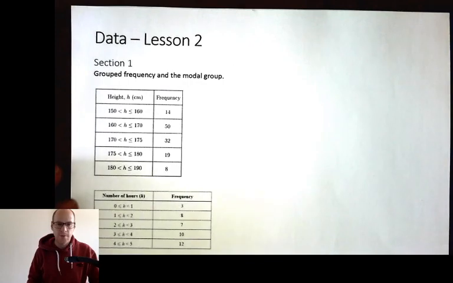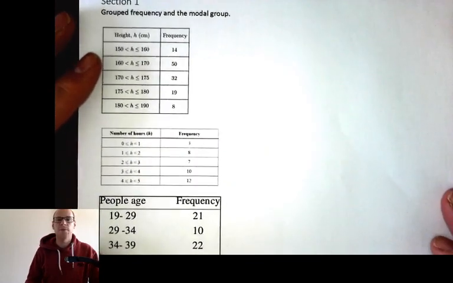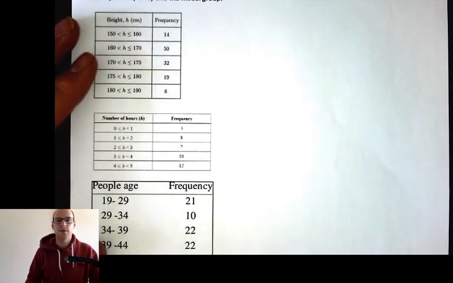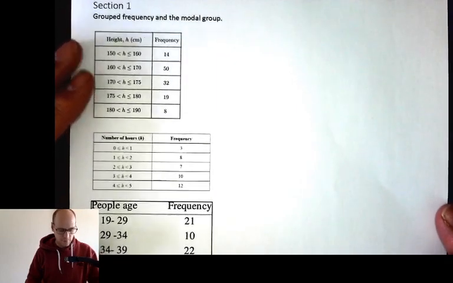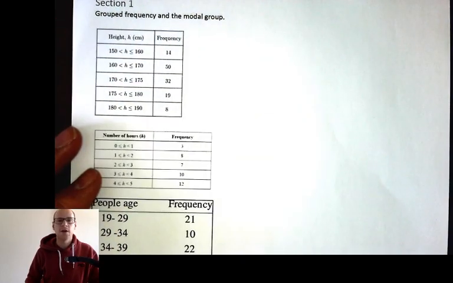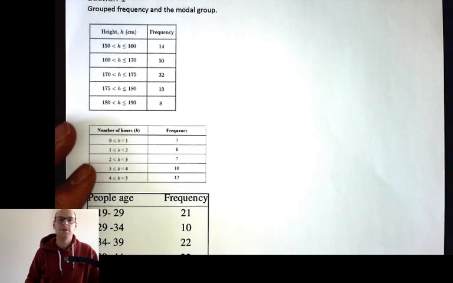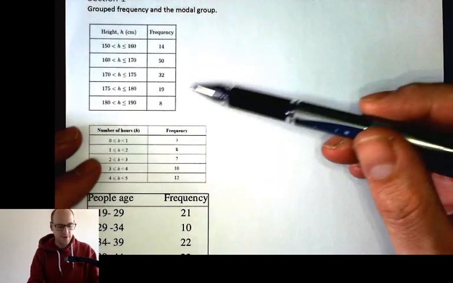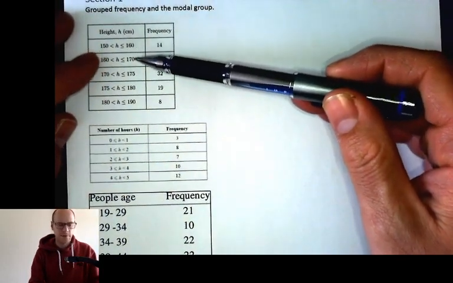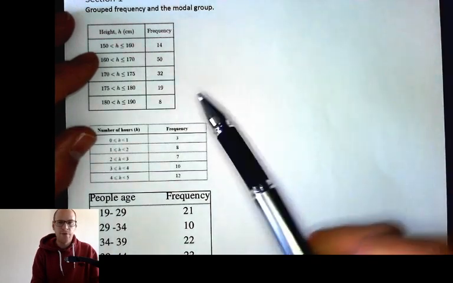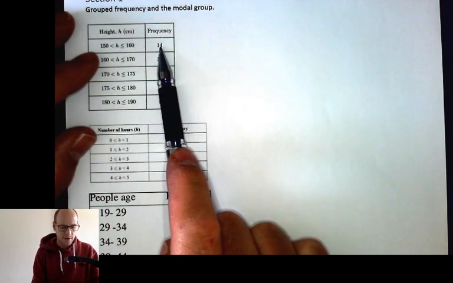First of all, I've got a few examples here of what a grouped frequency table looks like. So we've got 1, 2, 3, 4 different things to show you, and you've seen a grouped frequency table before, right? These are the things that have these kind of groups down the left hand side. So what that's saying is that there are 14 bits of data in this group.